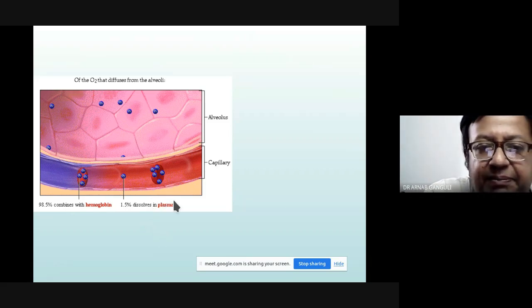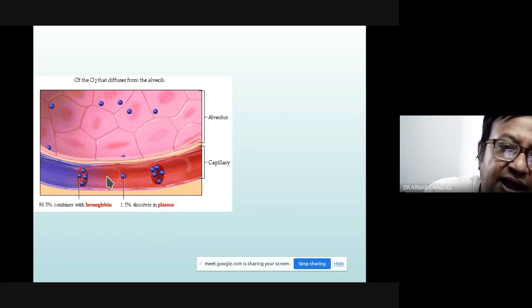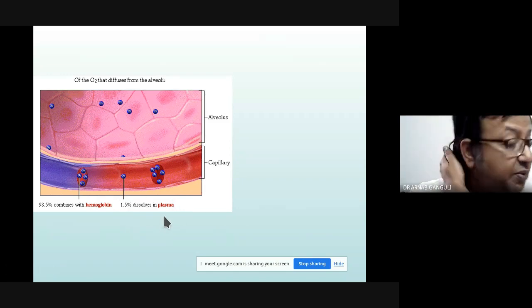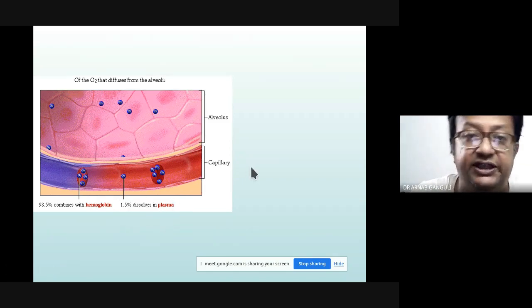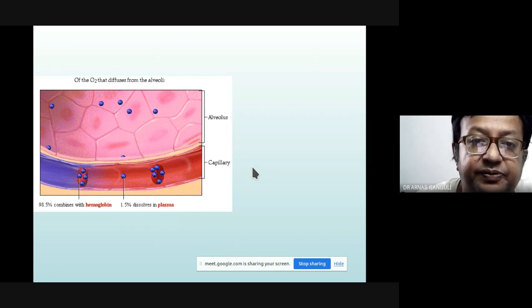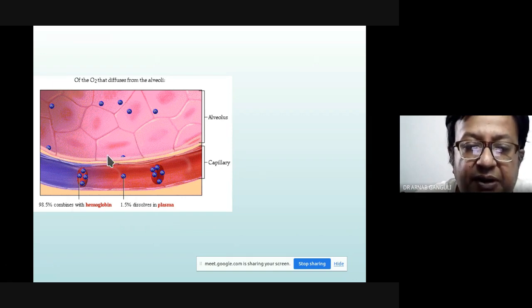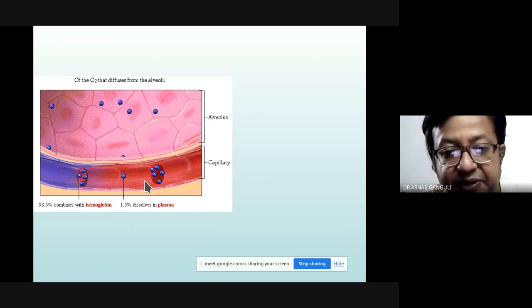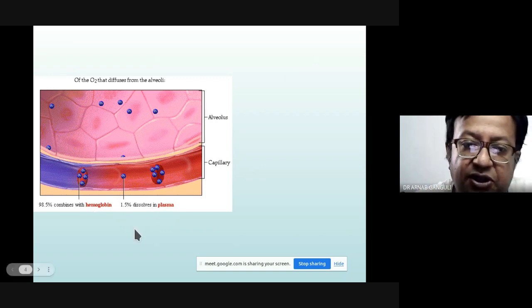And then this oxygen is released. And then there is 1.5% which is dissolved in the plasma. So maximum oxygen, 98.5%, is with hemoglobin and 1.5% is dissolved in the plasma.